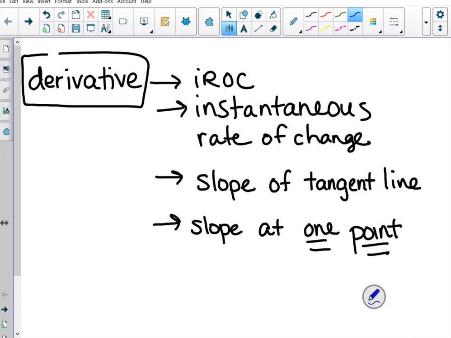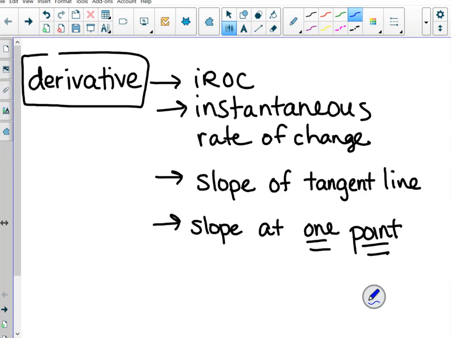Different from an algebra slope, which was an average rate of change, or the slope between 2 points. So in calculus, we make a big deal, it is a big deal, to study the rate of change of a function at a single point.